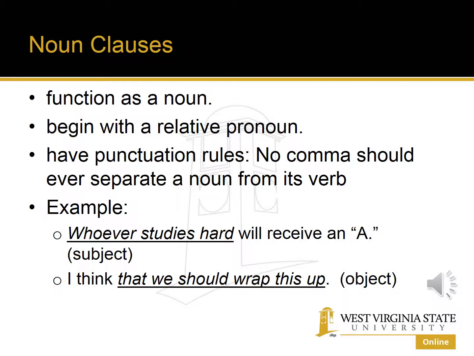Otherwise, you should never have a comma after a relative pronoun clause that is functioning as the subject of the sentence. So here we have an example. Whoever studies hard will receive an A. Whoever studies hard is a relative clause that is also functioning as the sentence subject.